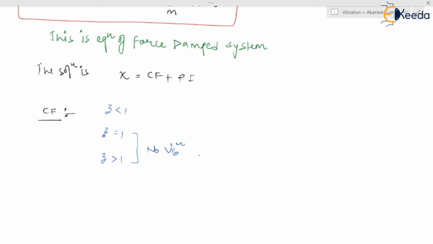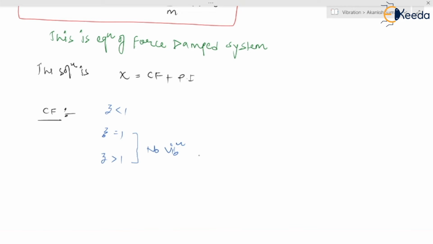In both cases, we don't get any vibrations, because the basic definition of vibration is to-and-fro periodic motion about the mean equilibrium position. In the overdamped system, we find that the equation is exponential, so when you draw the exponential graph, there will not be any periodic motion.